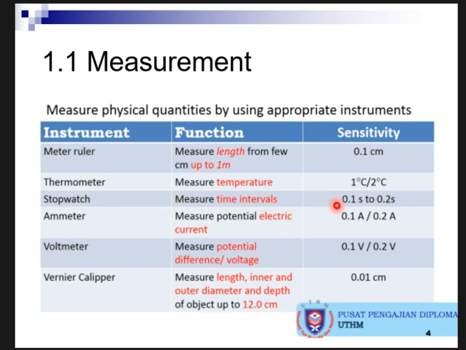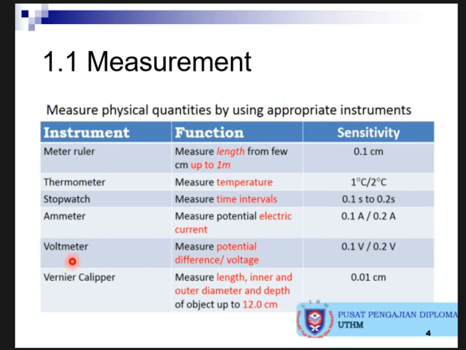The sensitivity is between 0.1 second and 0.2 second. The next instrument is the ammeter, which measures electric current. The sensitivity is 0.1 ampere or 0.2 ampere.